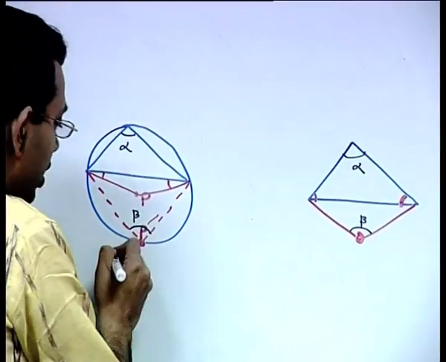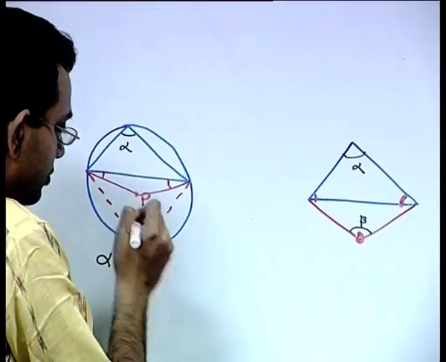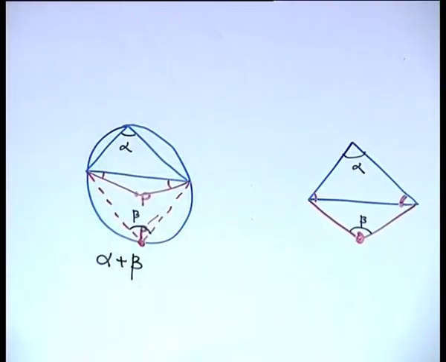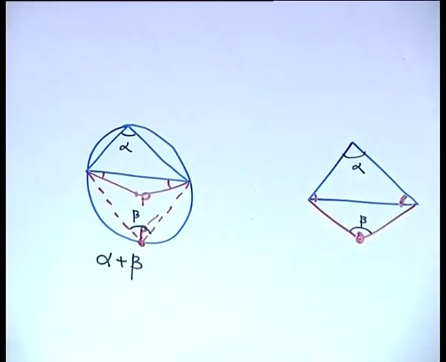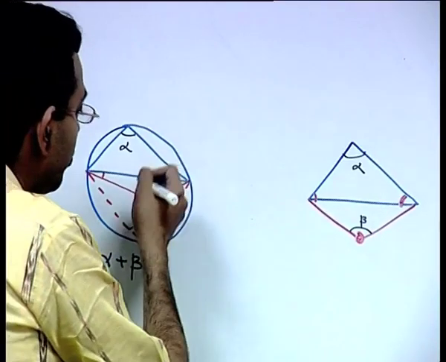In this figure, what is alpha plus beta? What is alpha plus beta? 180 degrees. So we can quickly check it.